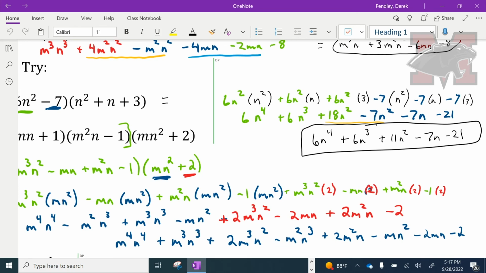Now your question might be, does it matter in this term right here and these terms right here, which one goes first? You usually put it in alphabetical order. So your m, since your m is a 3 and your n is a 2, and it's the other way around the other way, usually alphabetical order goes first. So you would put the m cubed n squared before the m squared n cubed.